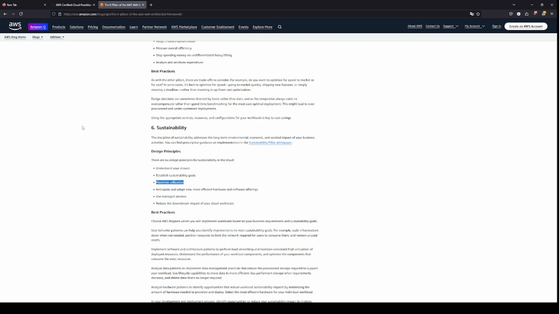So to maximize utilization, what that's talking about is using the compute that you have, right? You don't want to go purchasing another server if you're only using 50% of your CPU utilization. Or you don't want to go buy bigger sticks of RAM if you're only using half of your RAM.